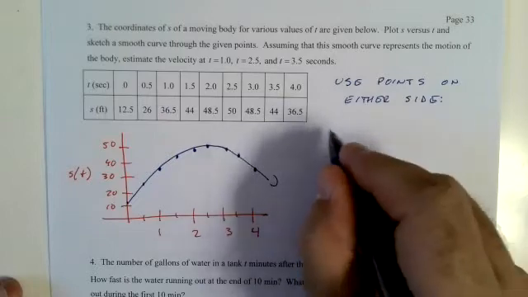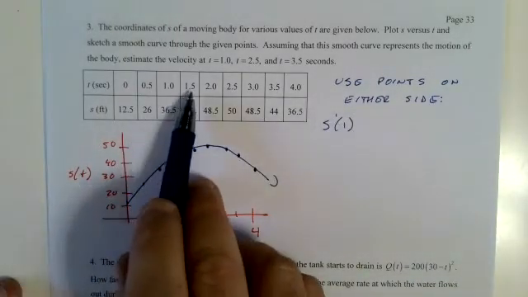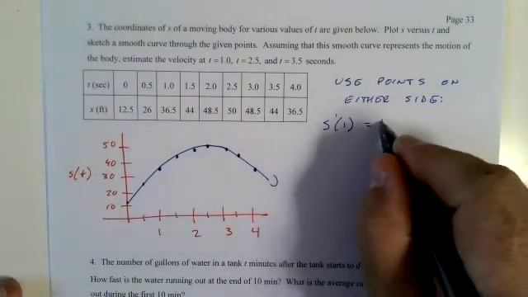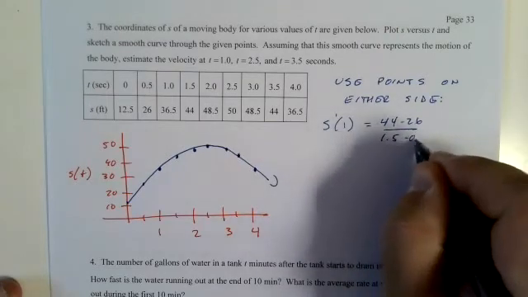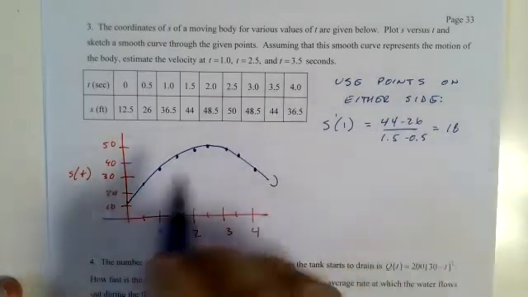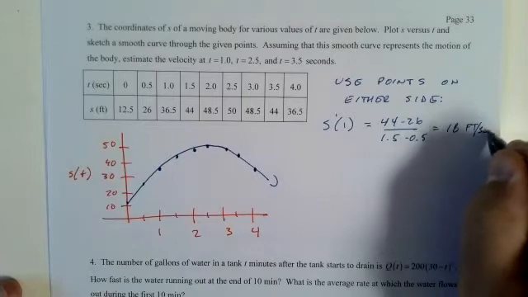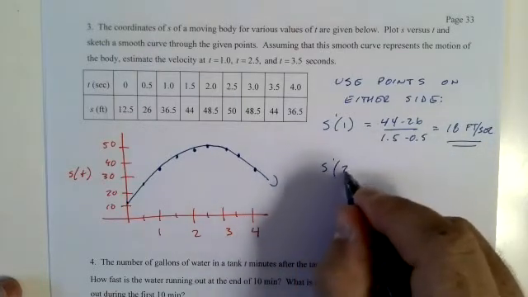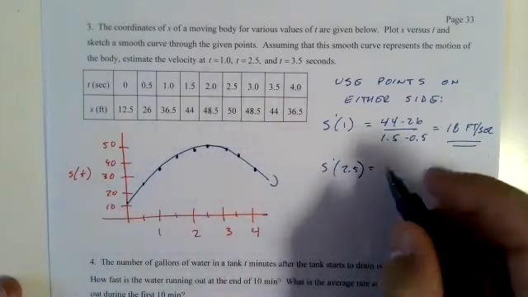So s prime of 1, we're going to use 1.5 and 0.5. 44 minus 26 over 1.5 minus 0.5, 18 feet per second. Feet per second. I always double check my units even when I have no reason to. s prime of 2.5, now we're going to use 2 and 3.